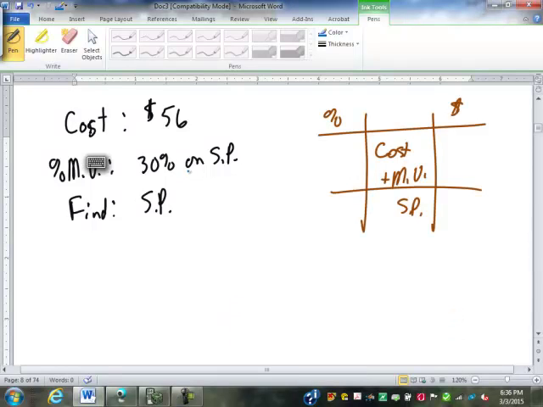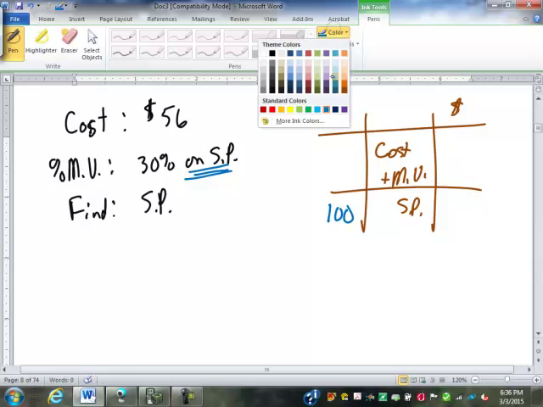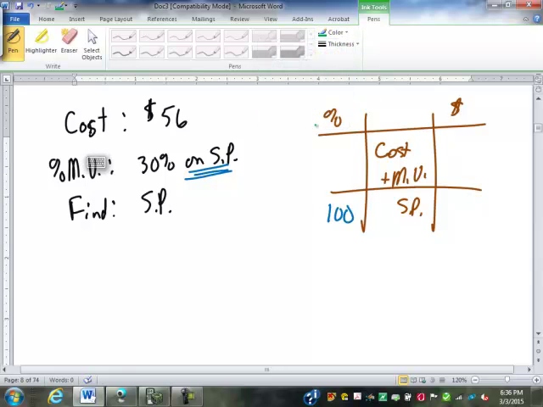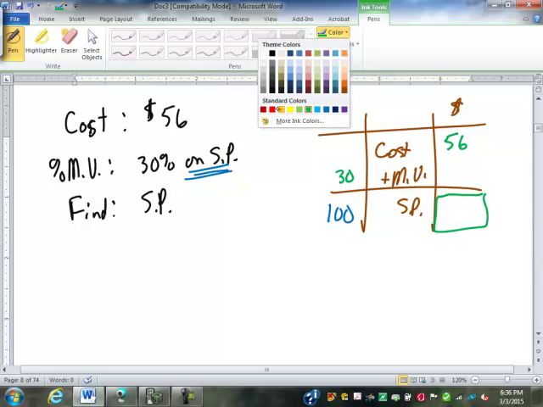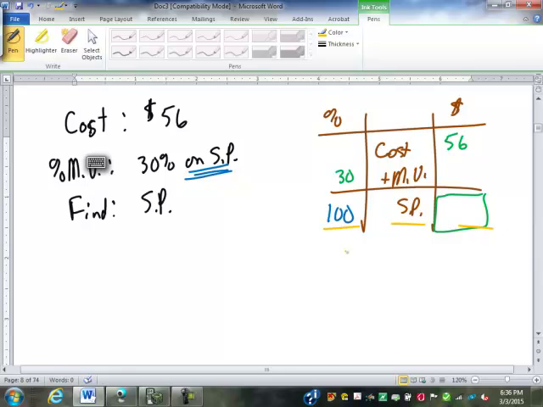So, yeah, first thing we want to identify, this is on selling price. The 100% goes there. What else do we know? 30% is on the markup. Cost is 56. We are looking for the dollar amount of the selling price. So obviously we need this row here.